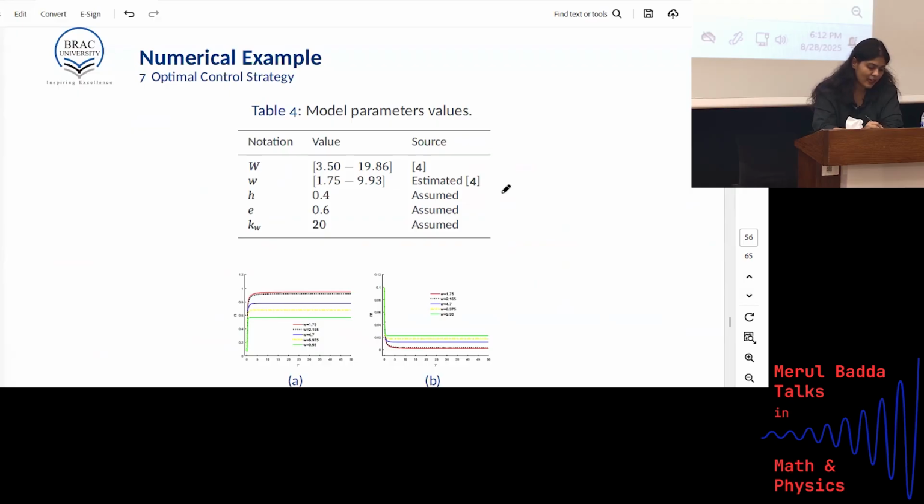In this graph we see that if we increase the amount of W, which represents the amount of pesticide in our model, the density of the beetles decreases, and the amount of trees increases day by day.